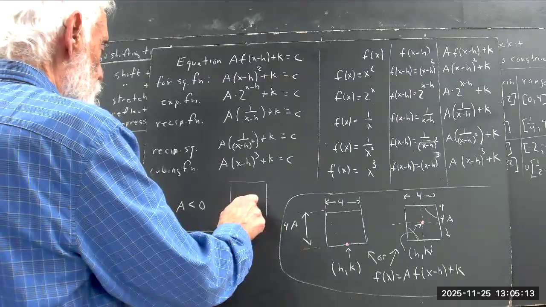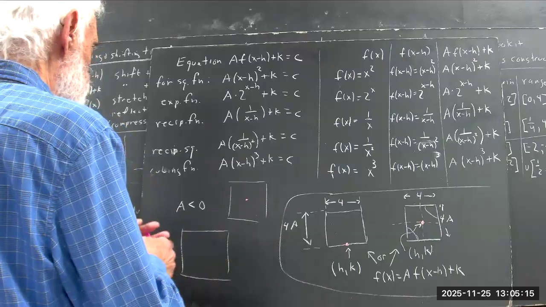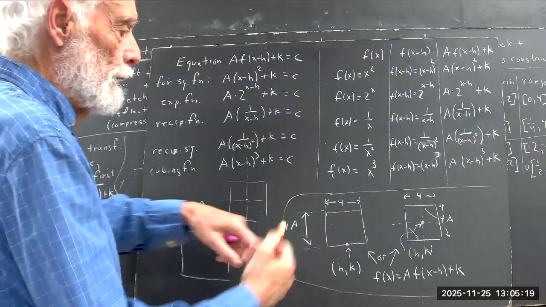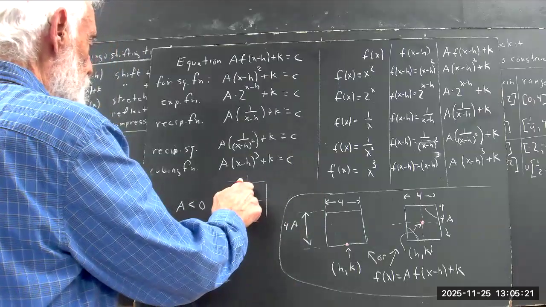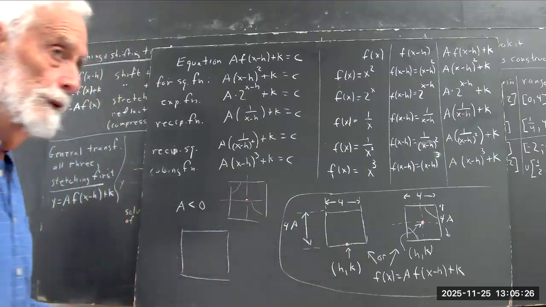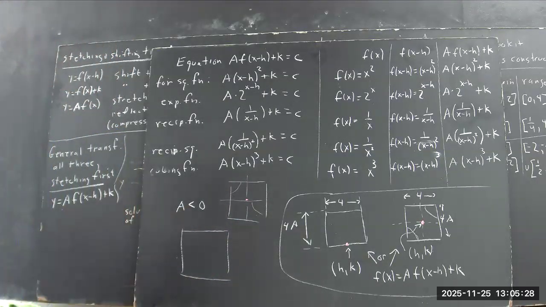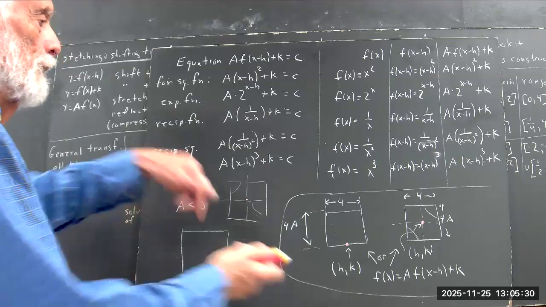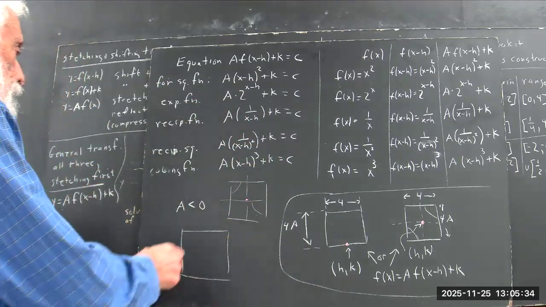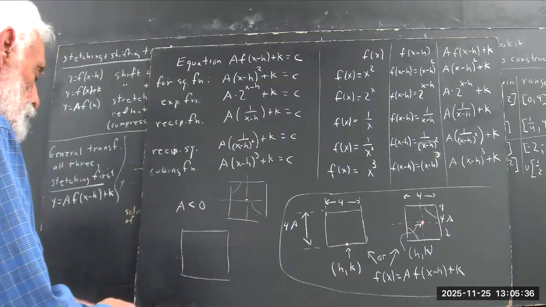If you have the reciprocal function with your red dot in the middle, you flip it across the x-axis, and that's going to put this side up here and this side down here. And of course, that's the same thing you'd get if you flipped it around the y-axis. There's a symmetry involved, but I'm not going to talk about that right now.